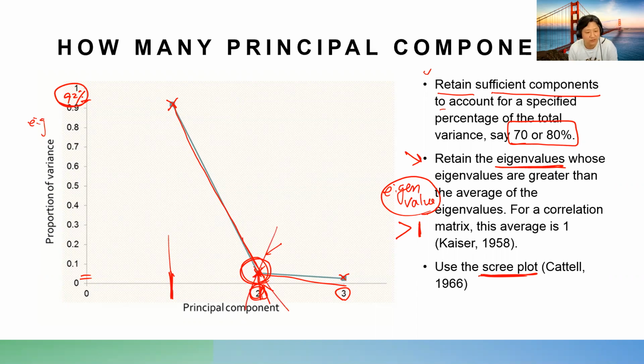So select only one. So there are 3 different approaches to determine the number of principal components. And the same logic is applied to EFA, factor analysis, as well. If you clearly understand principal component analysis, EFA is really easy. They follow the same logic and are very similar.